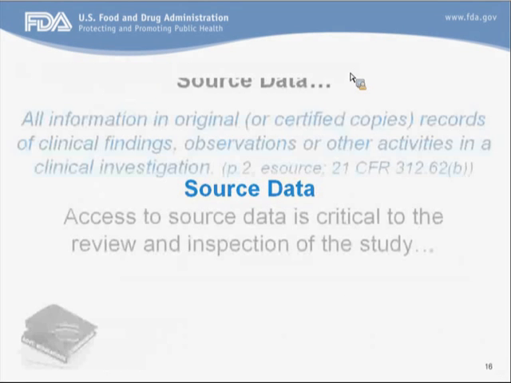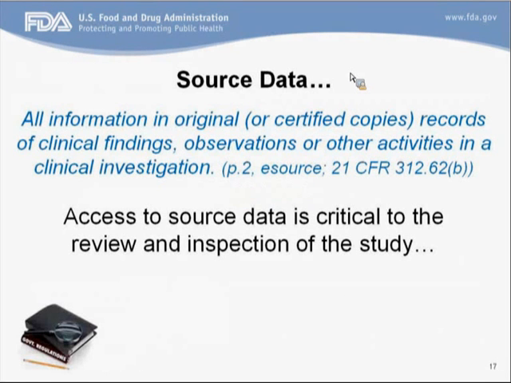Source data. All right. Jonathan will be up here in a bit, so he may cite some more regulations, but this is the only regulation that's in my talk here today, 21 CFR 312.62, and this is right from the guidance.